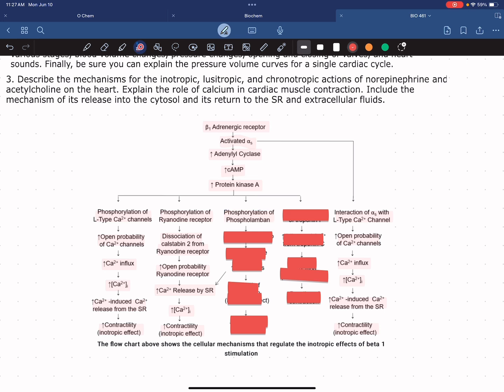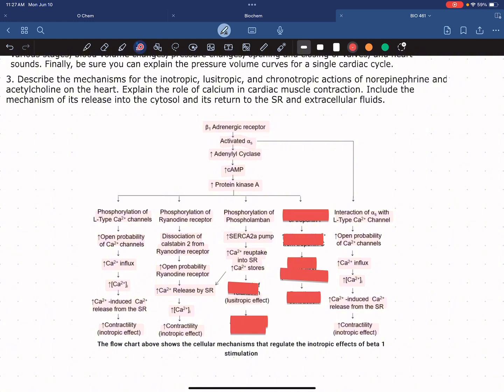In this next section, we have the phosphorylation of phospholamban, which will lead to an increase in the SERCA pumps, so that will reuptake the calcium more quickly. Increased calcium reuptake into the SR means increased calcium stores, which can lead over to the left: increased calcium release by the SR due to the increased calcium storage, and down to the contractility.